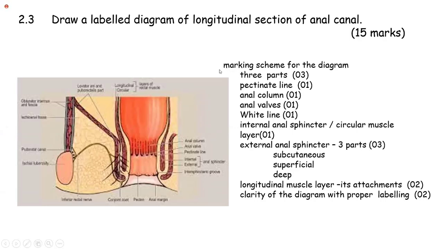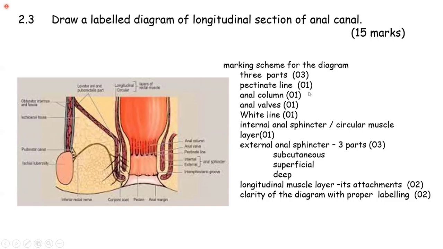Right. So this is the marking scheme for the diagram. We should see that there are three parts: 1, 2, 3. One mark, 2 marks, like that. Even if there's nothing but the three parts, we will give you 3 marks for that.